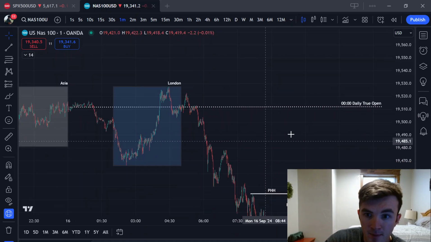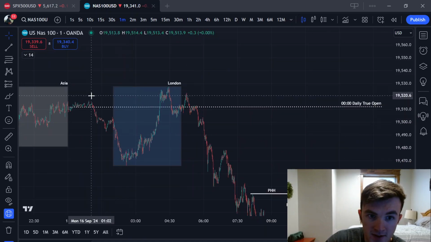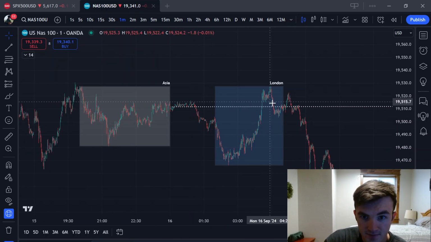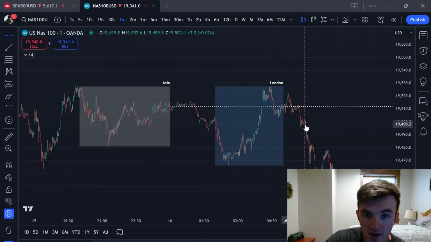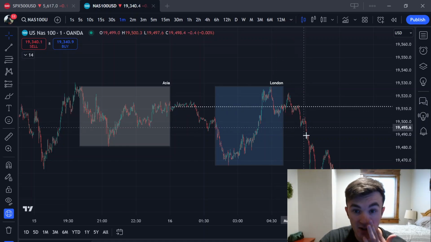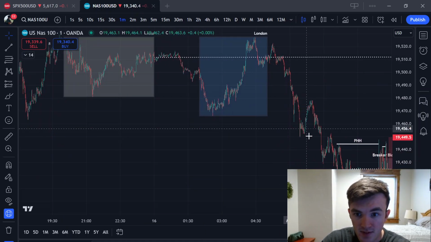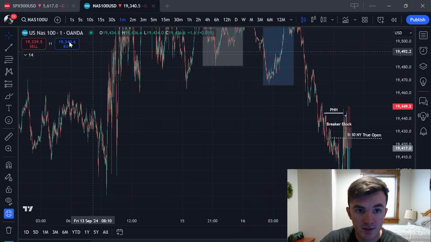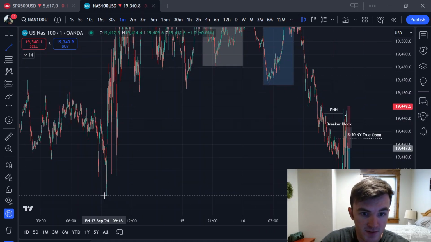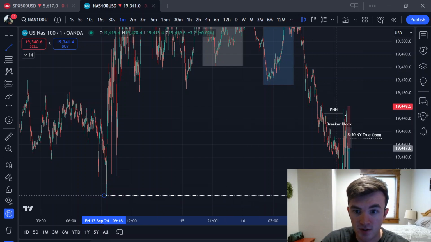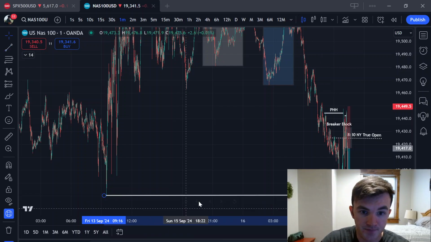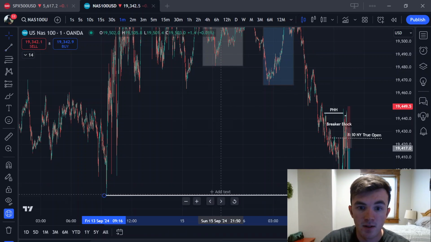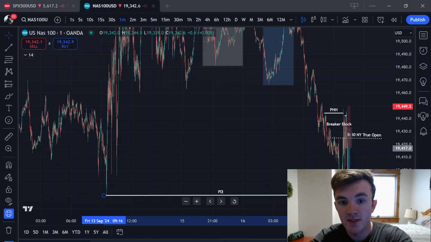Now we came above the true daily open here, and at which point we started our bearish London reversal. Came back down, and we were targeting this, which was the previous day's low. This was the drawn liquidity.